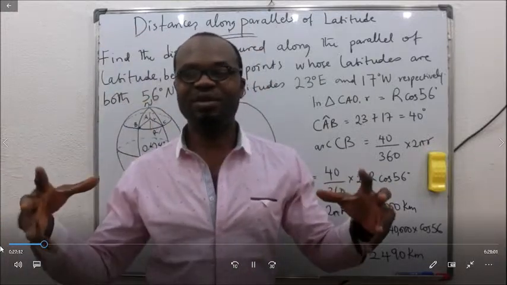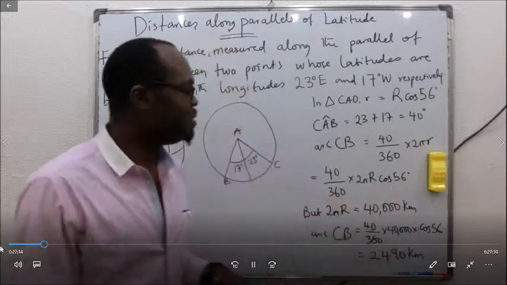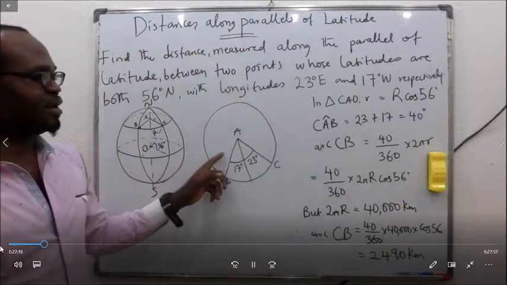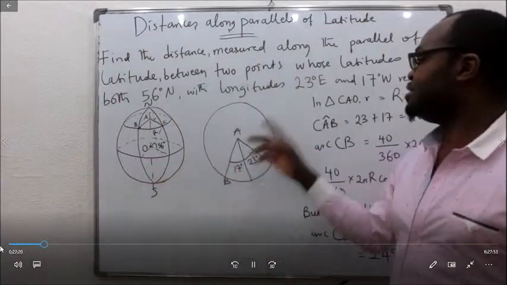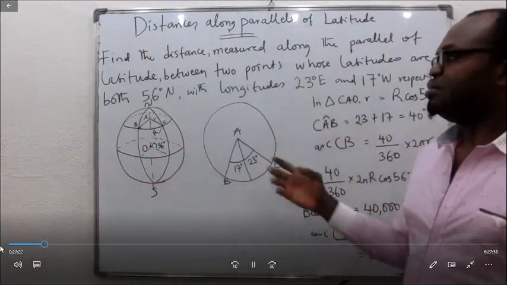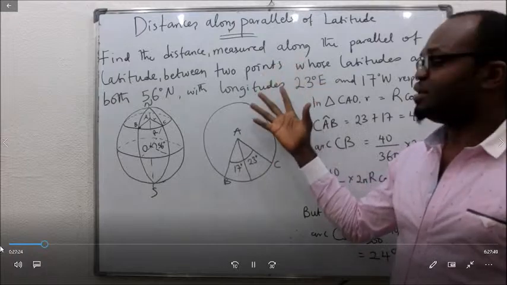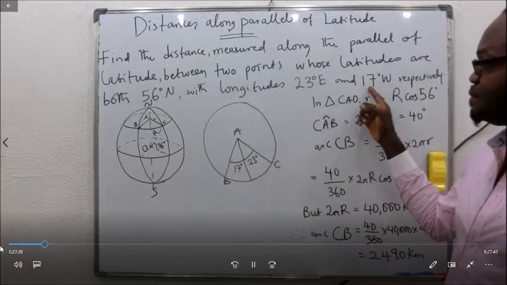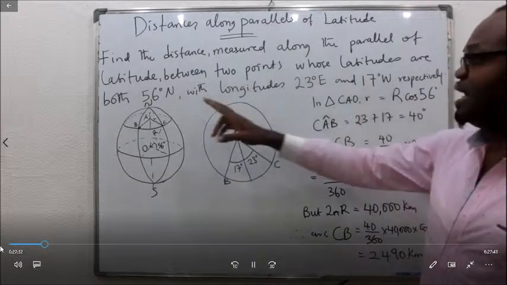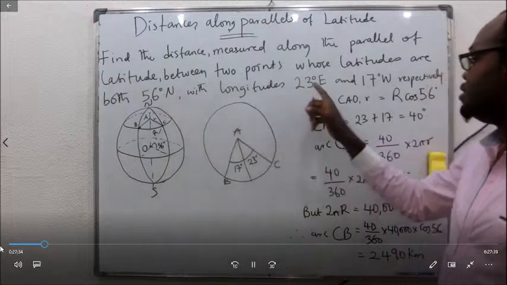So that is the main thing you're going to be looking out for, because in exam conditions, you may not have time to be making all these diagrams. These diagrams actually make the solution very simple, but in exam conditions you might not be drawing to explain all this. This is what you go through. Check out the angles, provided they have constant latitude. Check out the longitudes. If they have the same direction, east-east or west-west, subtract.